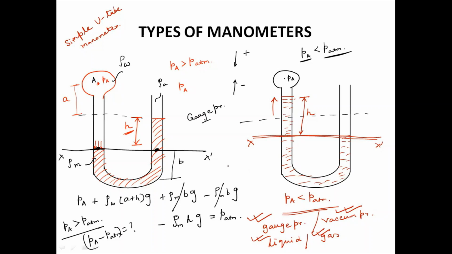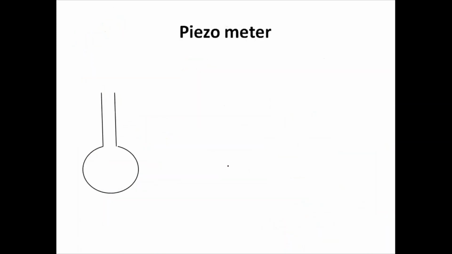The simplest form of manometer is the piezometer. We are going to find out the pressure here, PA. So one tube is here.